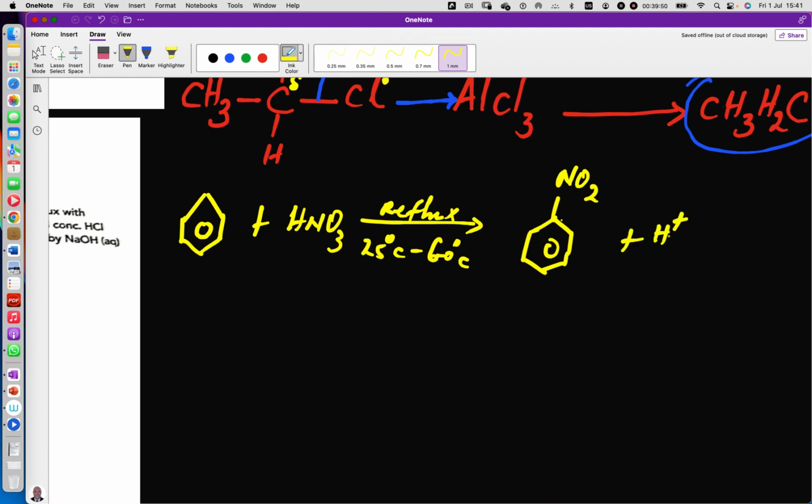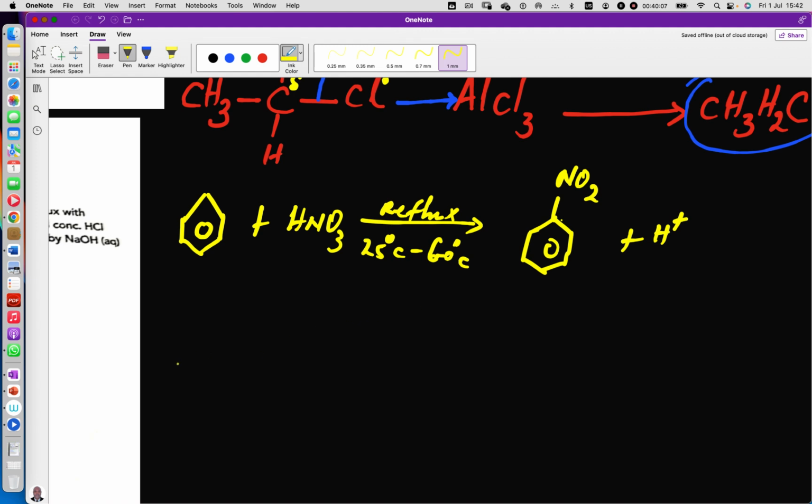The hydrogen ion will be picked up by the HSO4 minus to form sulfuric acid again.